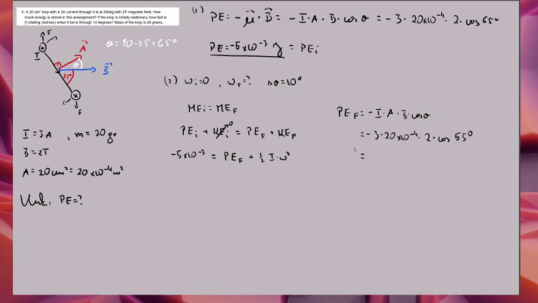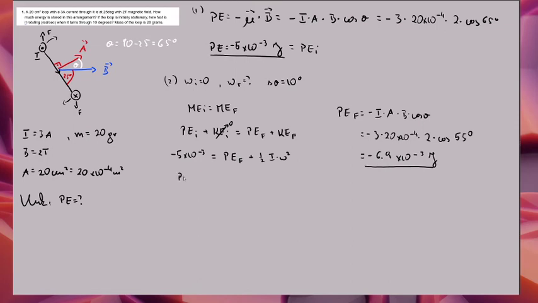So let's calculate this. So this is minus 6.9 times 10 to the minus third joules. All right, so I have the initial potential energy, I have the final potential energy. Okay, so let's go back to this other equation here. So what I have is, let me actually state it this way.